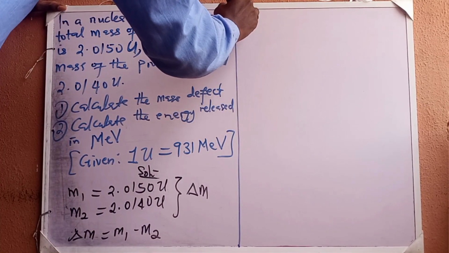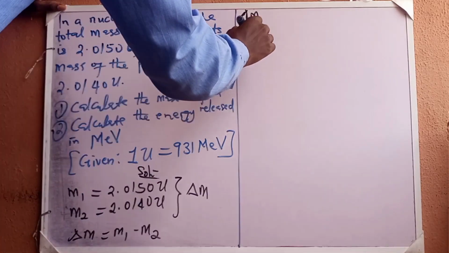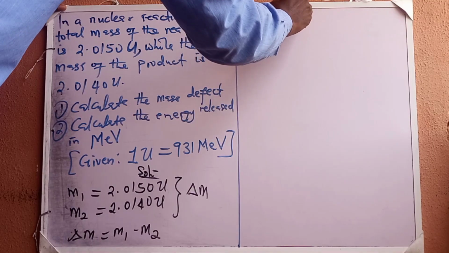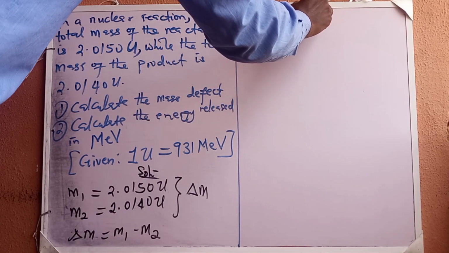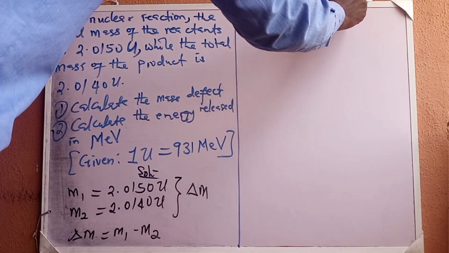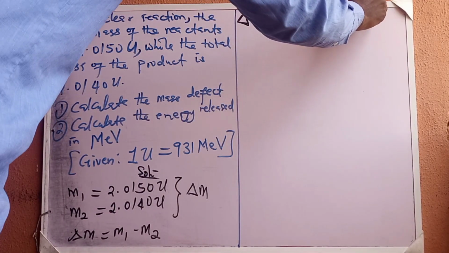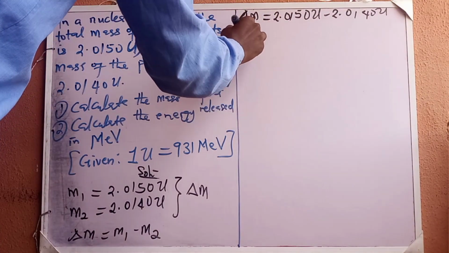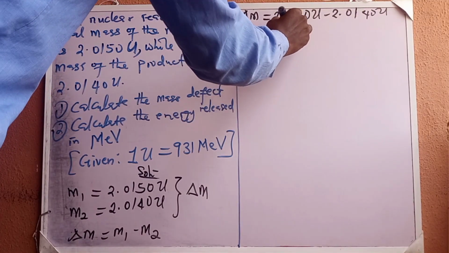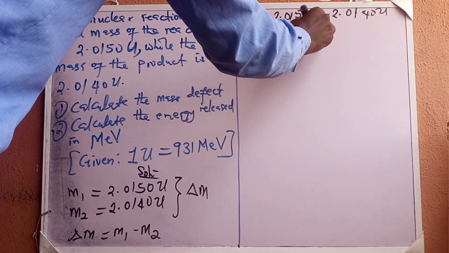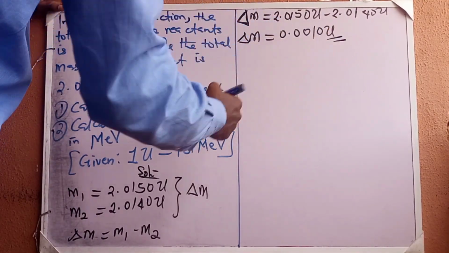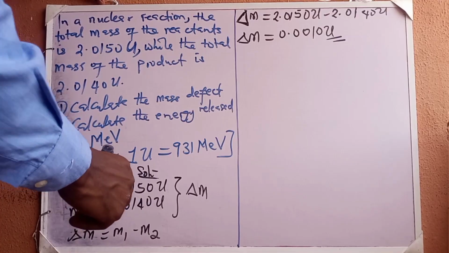Delta M will be equal to M1, which is 2.0150 U, minus M2, 2.0140 U. When we do the subtraction, our delta M will be 0.0010 U. So this gives us the mass defect.